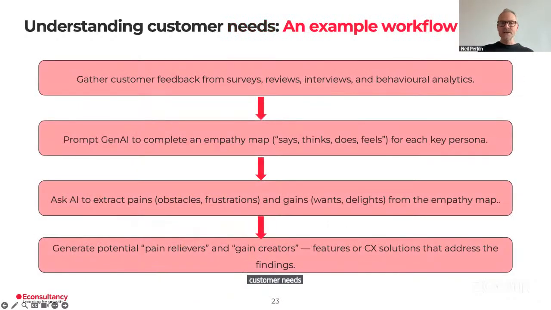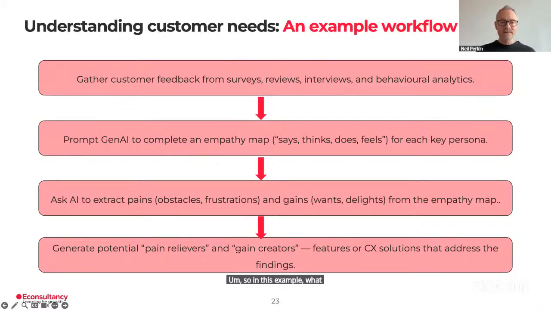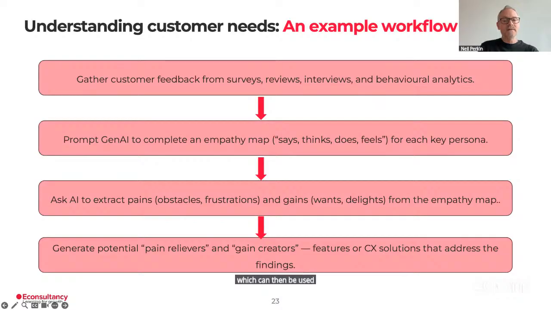So as an example for the workflow, how you practically apply that. In this example, what we're seeing here is we're feeding AI relevant customer data from a variety of sources. We're prompting it to generate an empathy map from that data. And then we're prompting the AI to highlight customer pain points and gains from these outputs, which can then be used to inform ideas for improving customer experience.